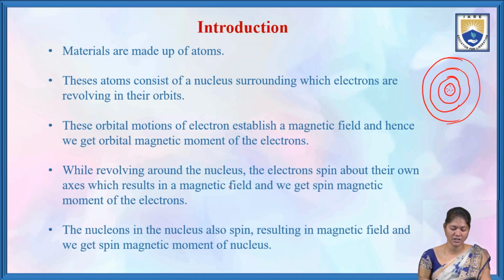While revolving around the nucleus, the electron also spins about its own axis.